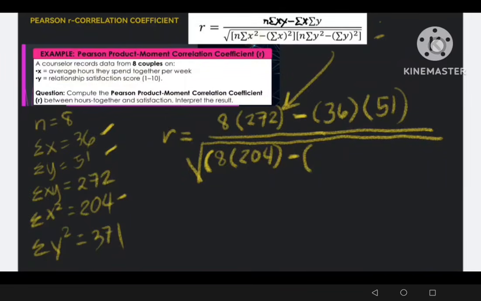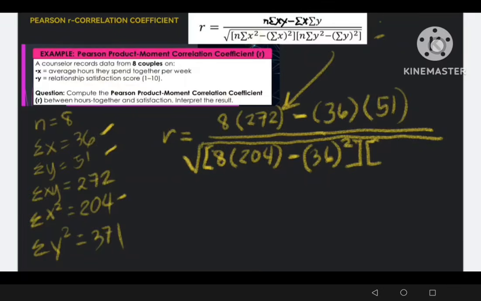Summation of x squared and summation of x to the power of 2 are different. Summation of x is 36, in open and close parenthesis, to the power of 2. Okay? Don't get confused by the bar or the parenthesis; in the calculator, parenthesis will do if there is no bar. So we close this.